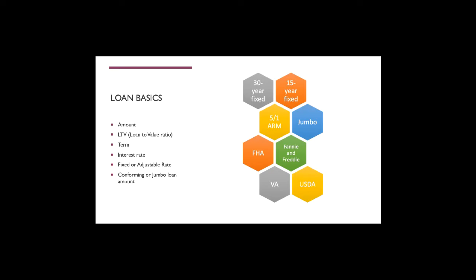Those are all government agencies or large institutional agencies that provide either backing or insurance for mortgage loans to provide some advantages to certain types of buyers, sometimes first-time buyers, sometimes moderate income buyers, or in the case of VA loans, folks who have served or are serving in a branch of the U.S. Armed Forces or are no longer serving in the armed forces but have been satisfactorily discharged.